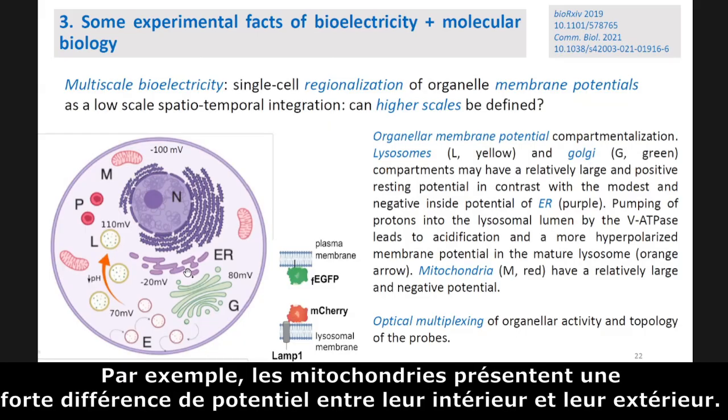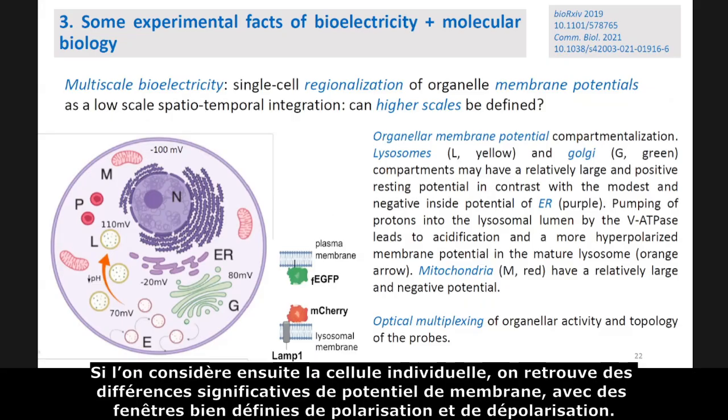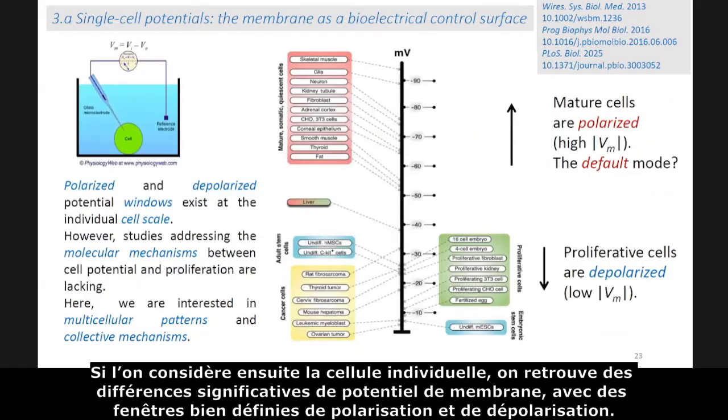In this case, for instance, mitochondria have a strong potential difference between the inside and the outside of mitochondria. And this is also the case of lysosomes, for instance, or Golgi or other organelles in the cell.